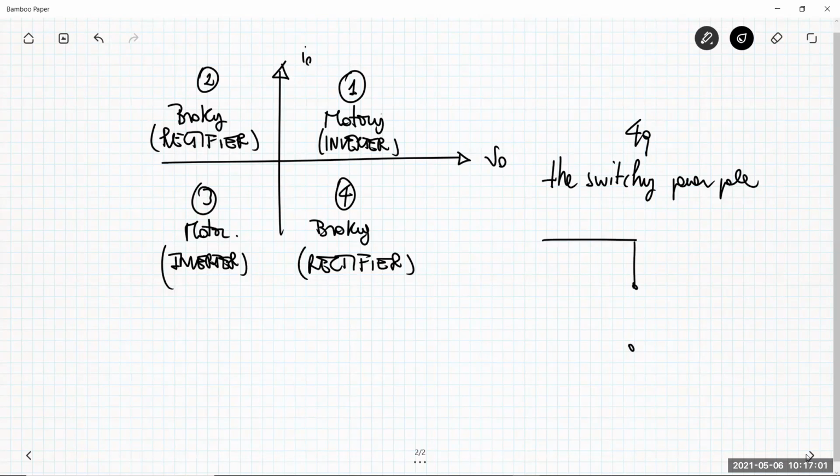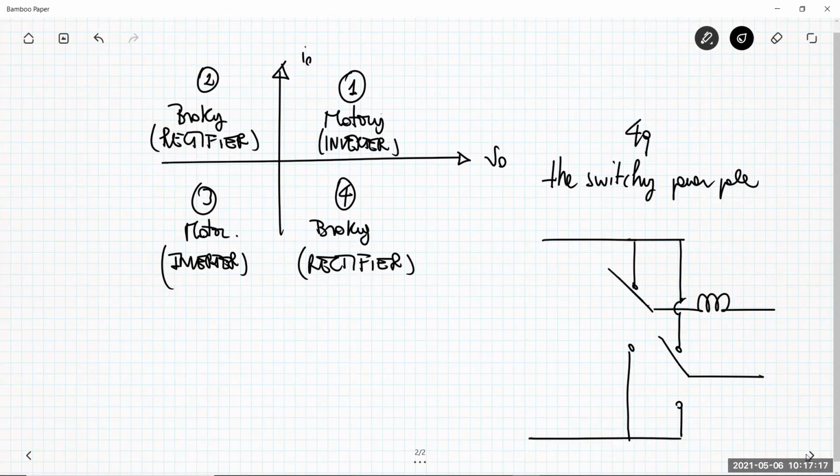Remember, the circuit is built by having two legs in parallel, an input voltage source, and a current I naught in this way.